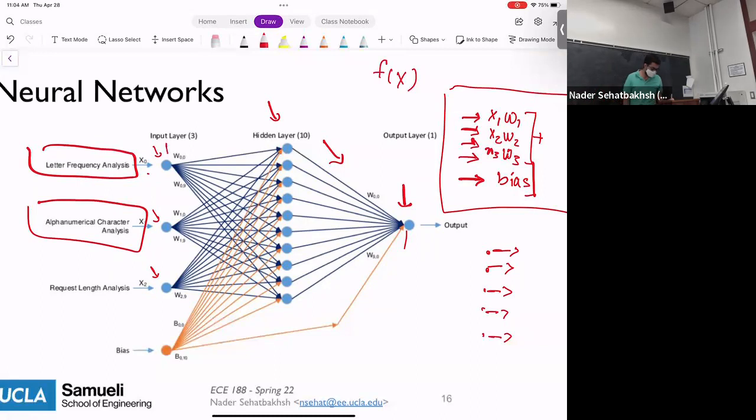So from this neuron in layer 0 or layer 1, if you want to call it, there are output arrows to every single one of these intermediate neurons. And for each one, we have a separate weight, so it doesn't necessarily need to be the same weight. So this is W00, this is W01, all the way to W09, which is this one.